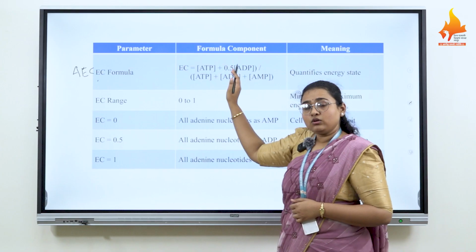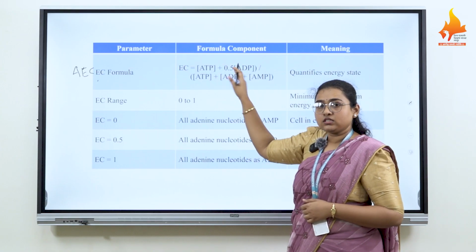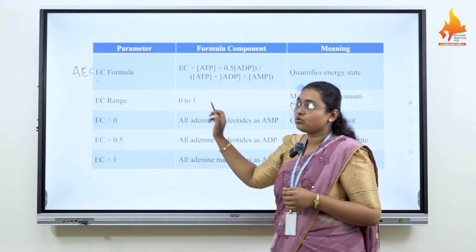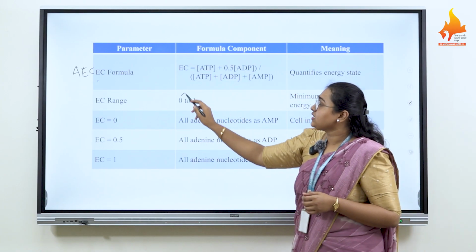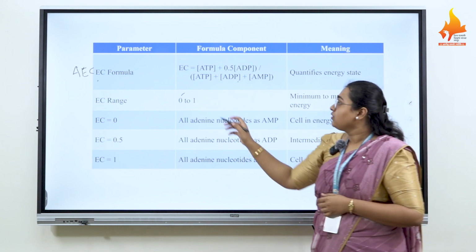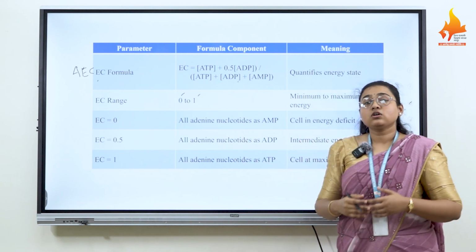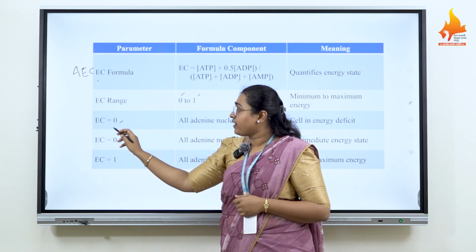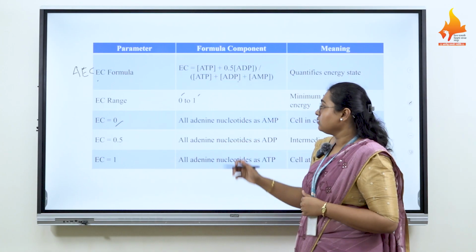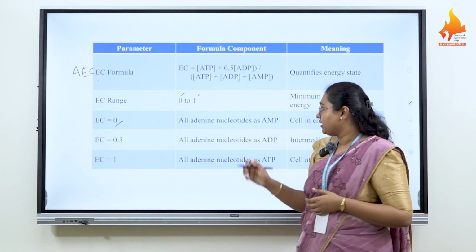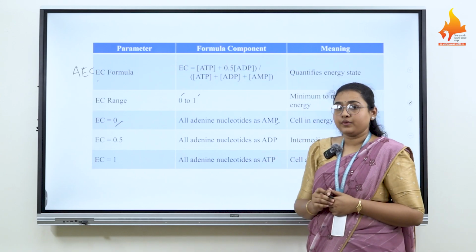After calculation of the energy charge, the value of the energy charge lies between 0 and 1. The 0 represents the minimum amount of energy present in the cell, and 1 represents the maximum amount of energy present in the cell. If the energy charge value is 0, then all nucleotides present in the cell are in the form of AMP.